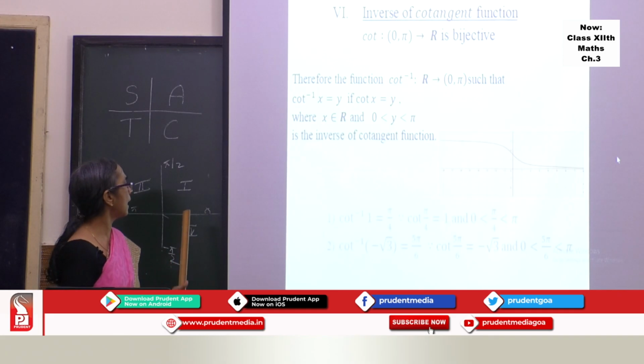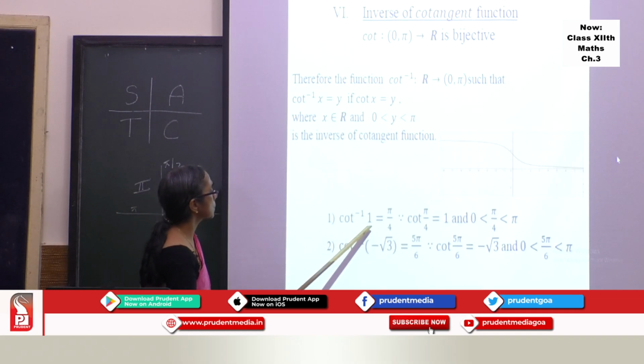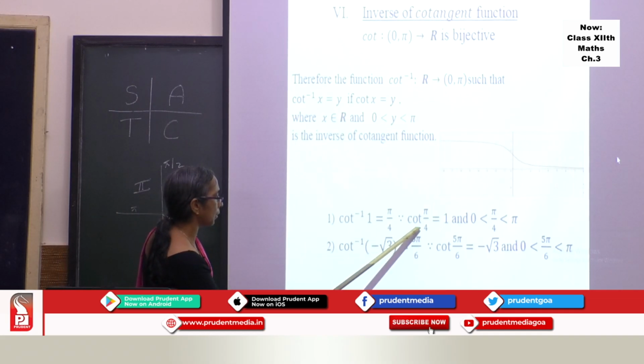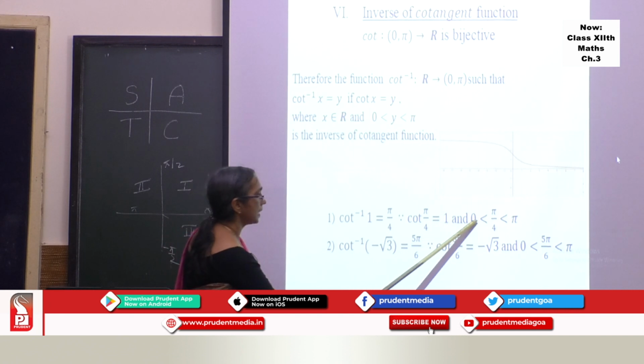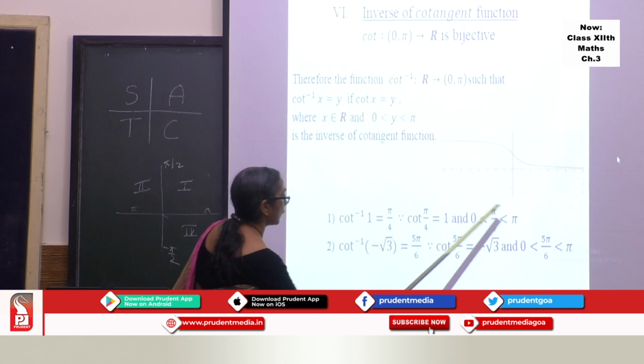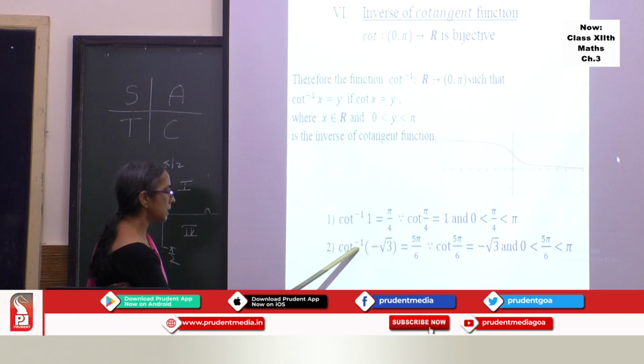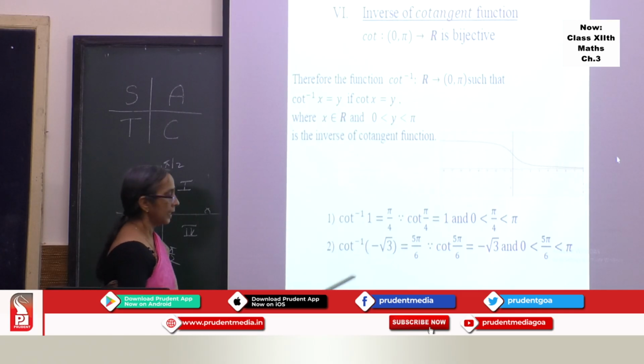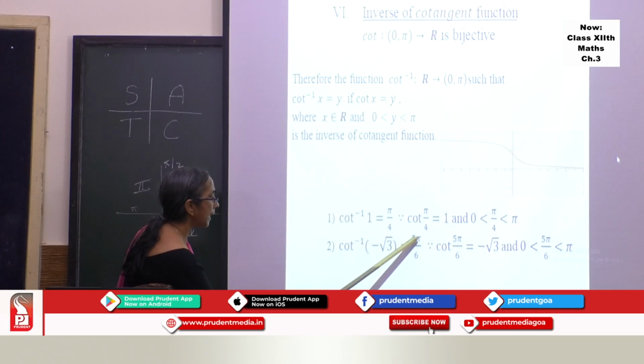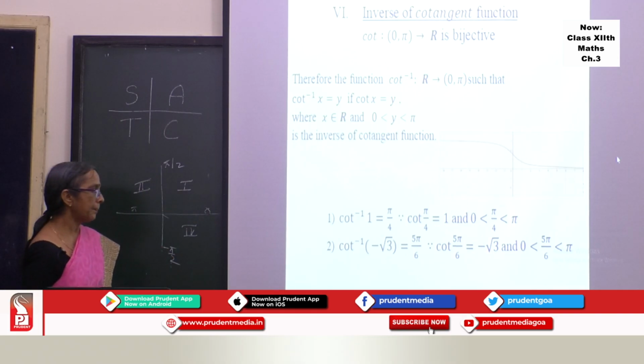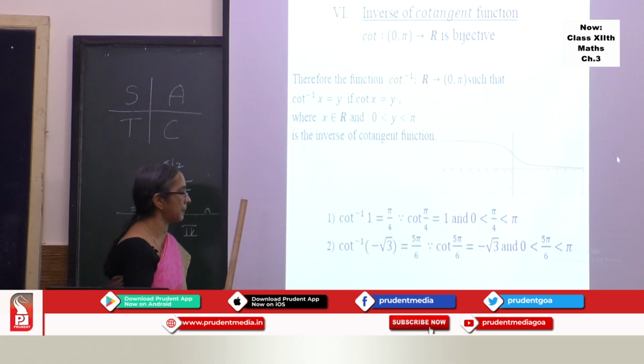So, here are examples. Cot inverse of 1 is pi by 4, because cot of pi by 4 is 1 and pi by 4 is between 0 and pi. Cot inverse of minus root 3 is 5 pi by 6. 5 pi by 6 means pi minus pi by 6.